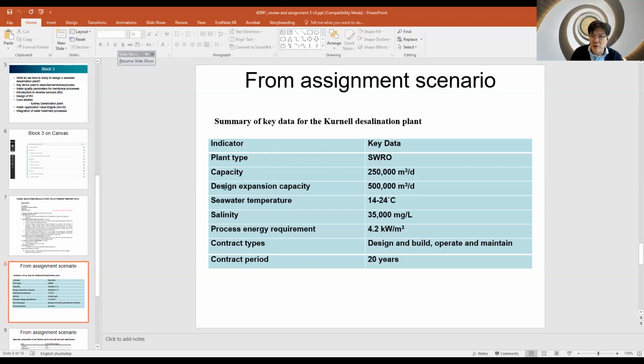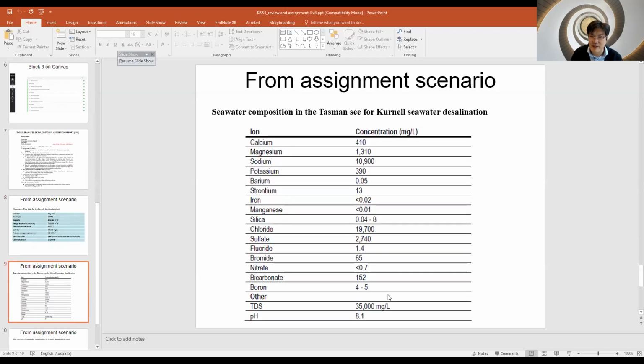But you don't have to worry about expansion. Just make empty space, which you require for your pre-treatment, RO, and post-treatment. This is just the space, but you can design 250,000 cubic meters per day. And these are your basic parameters: temperature, salinity, energy consumption, and 20 years of desalination lifetime.